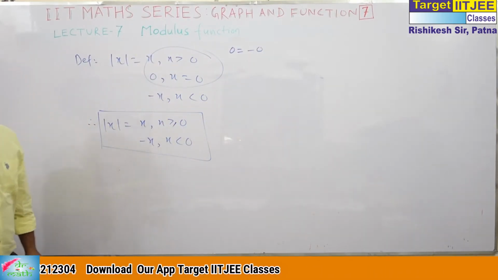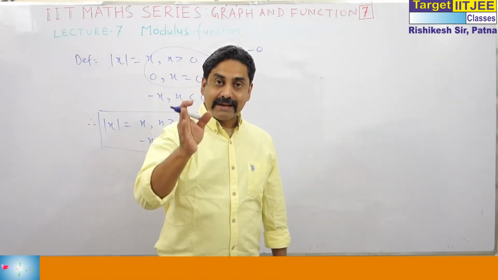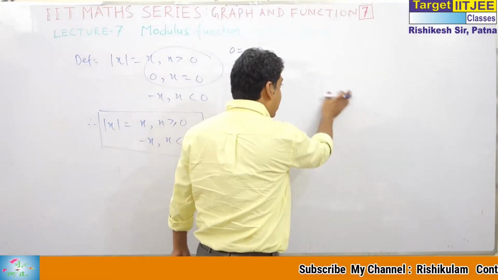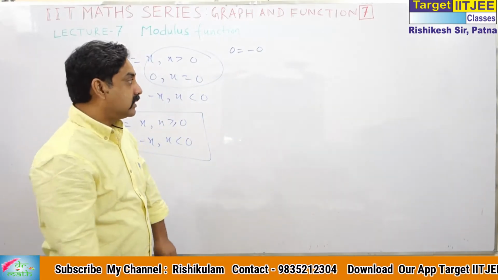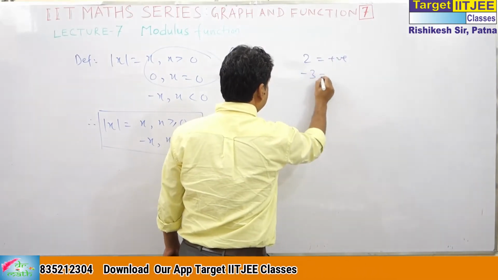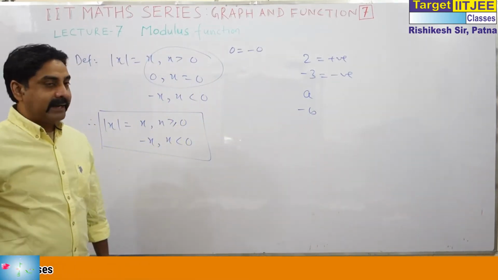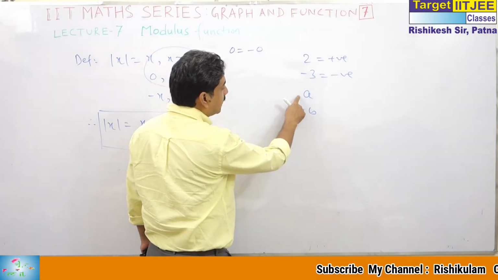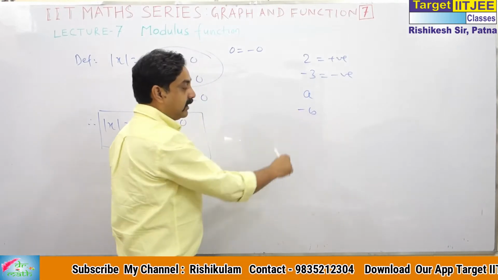What is important about modulus? First of all, try to see the arbitrary constants or variables. For example, 2 is positive. Minus 3 is negative. But what about a and minus b? You cannot say this is positive because there is no sign, and you can't say this is negative because of the negative sign.